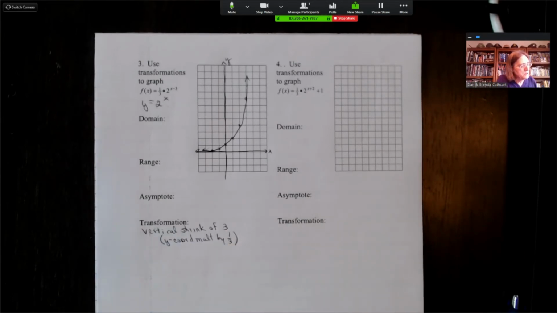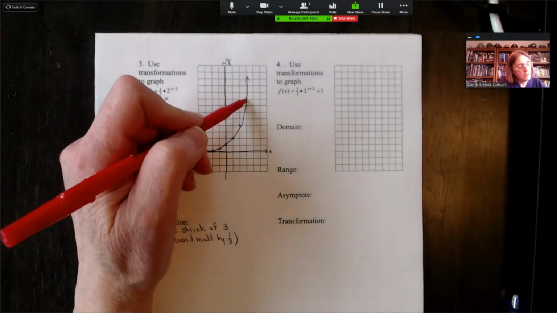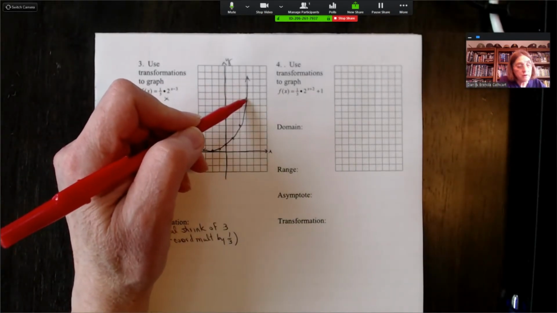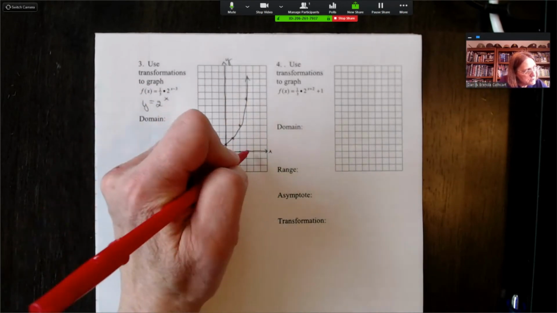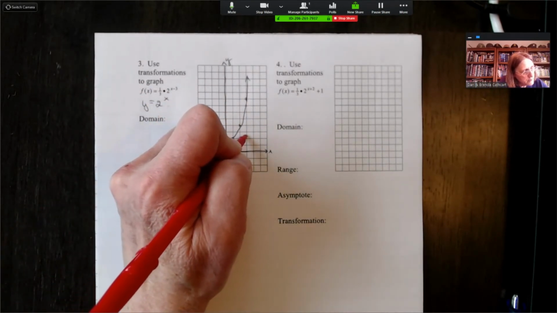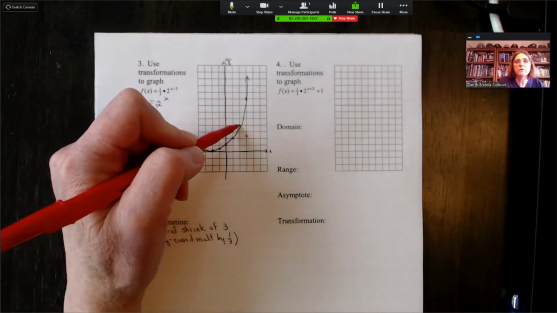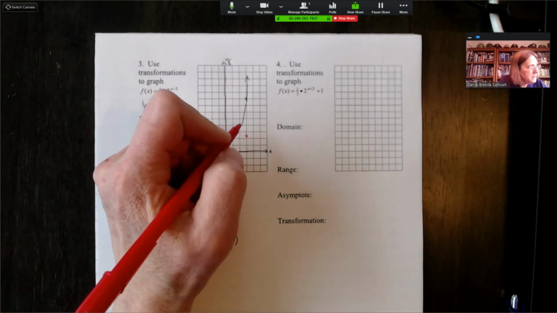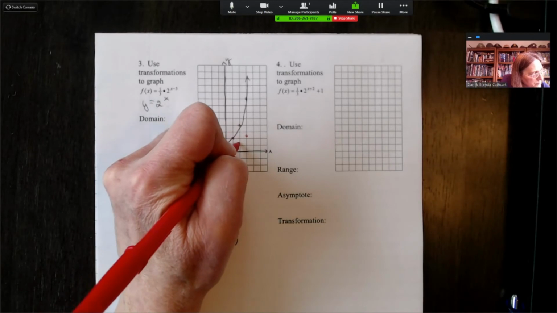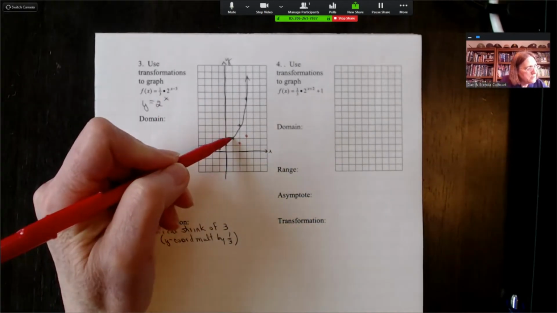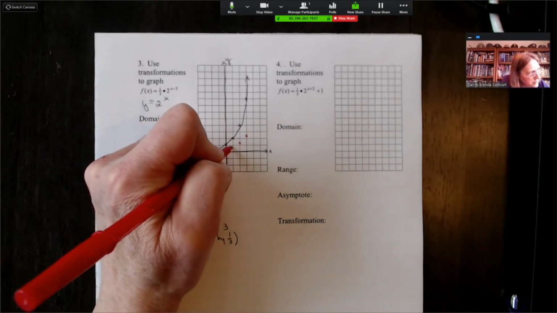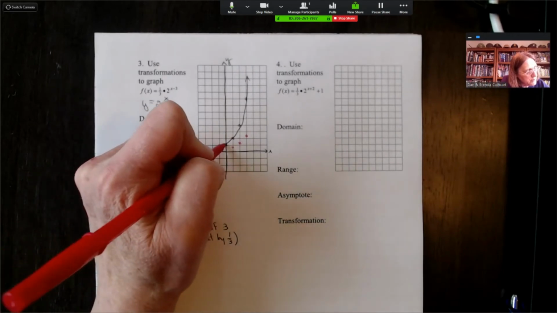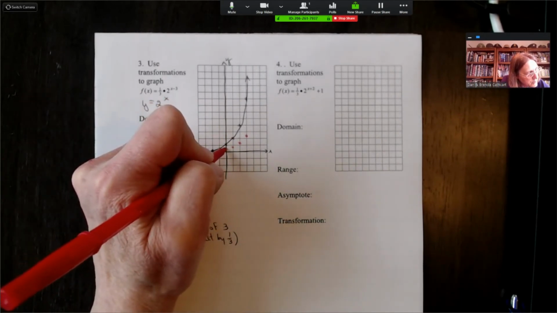Okay, so let's do that. Let's take all of our y coordinates and multiply them by 1/3. Here's 8. 8 times 1/3 is 8/3, which is 2 1/3. 4 times 1/3 is 4/3, which is 1 1/3. 2 times 1/3 is 2/3. 1 times 1/3 is down here at 1/3.